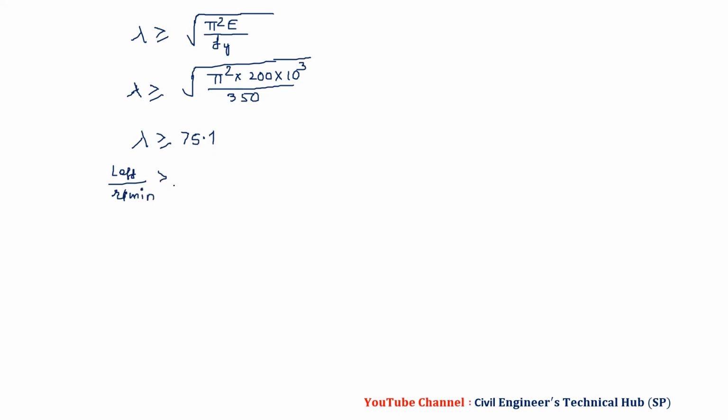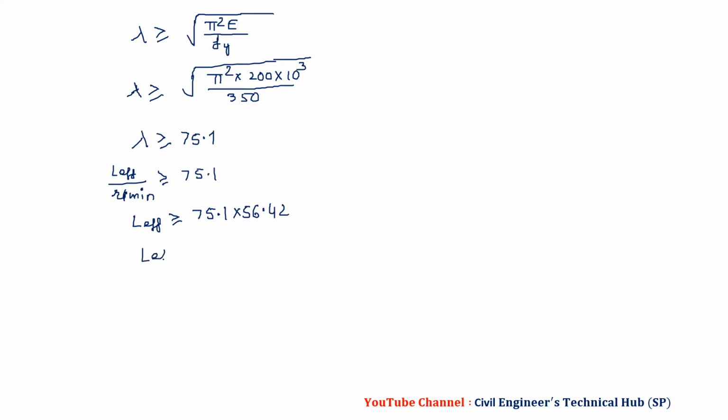Now lambda we have L effective upon R minimum, and that should be greater than or equal to 75.1, and therefore L effective should be greater than or equal to 75.1 into R minimum 56.42.